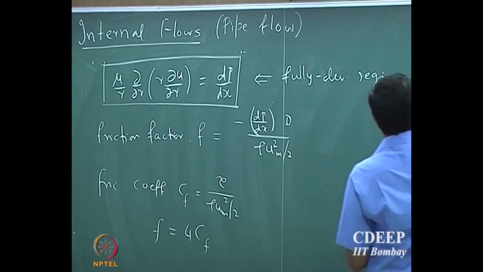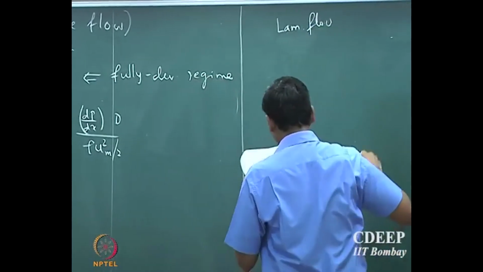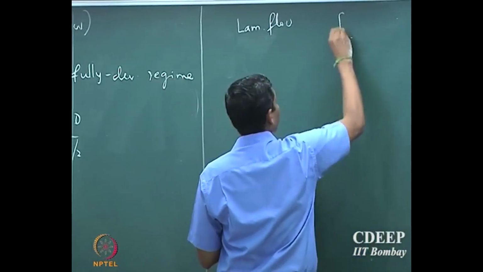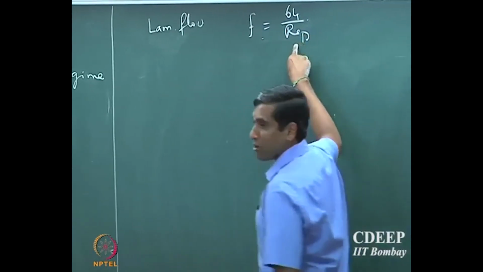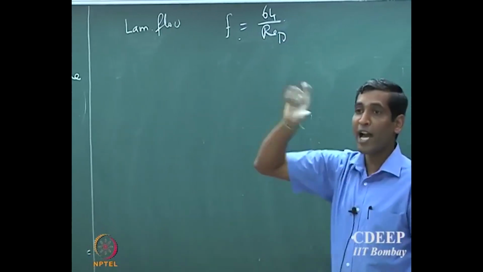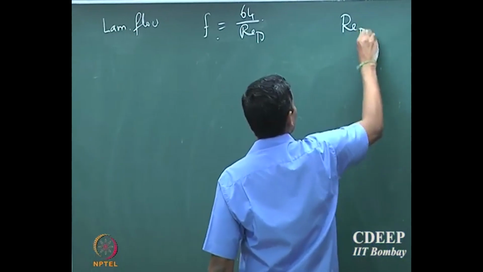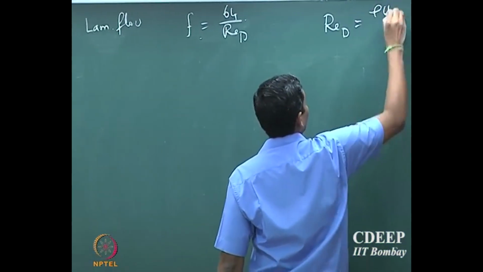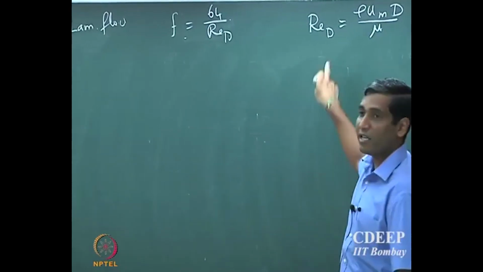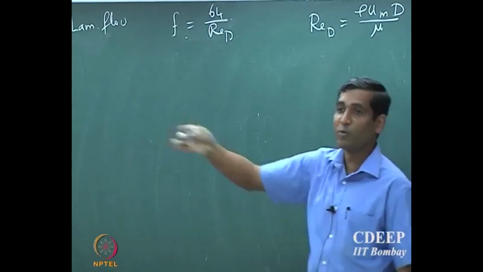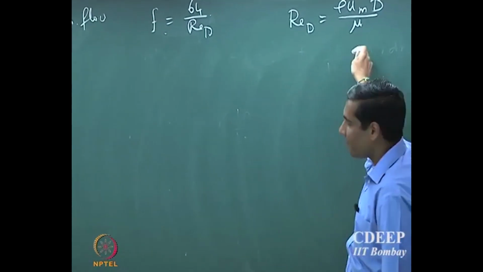So for laminar flow, this 4 times Cf approximately translates to 64 by the Reynolds number. Reynolds number is defined based on the diameter of the tube, not the radius. Okay, so Re_D is defined as rho um d by mu, which means that the Reynolds number does not change with the location. Okay, so it's defined based on the mixing cup velocity.